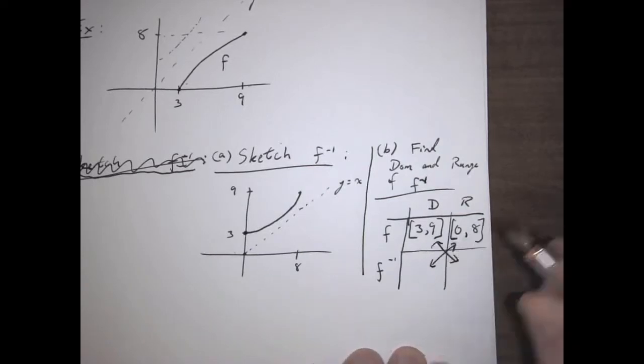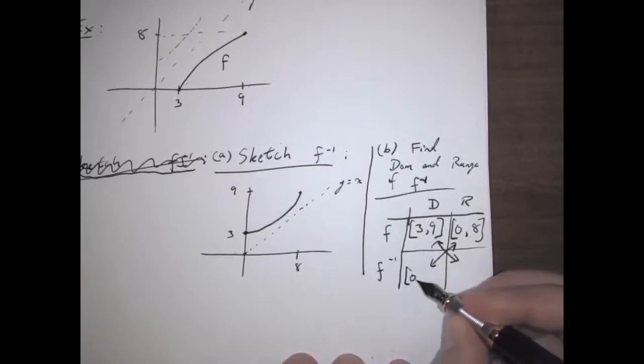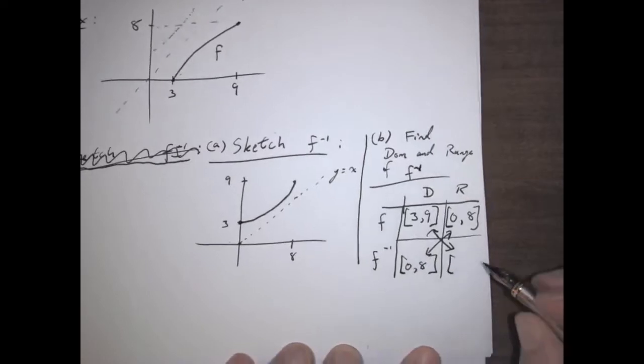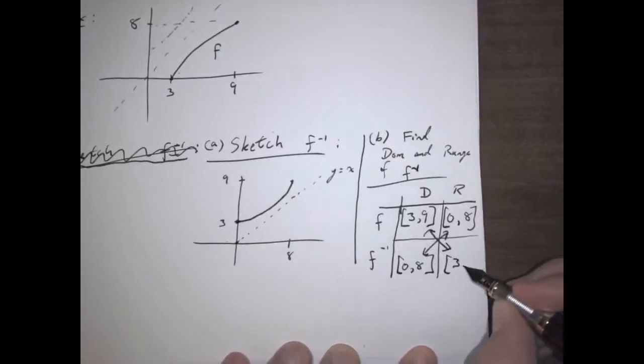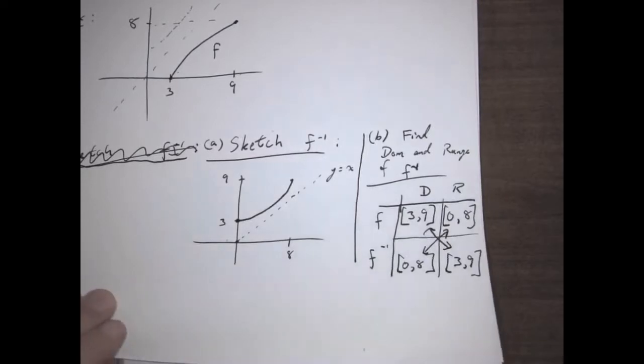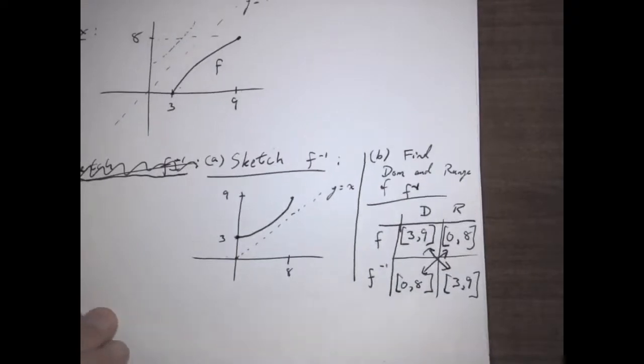So this now becomes 0 to 8, and this now becomes 3 to 9. Domain becomes range, range becomes domain, horizontal becomes vertical, vertical becomes horizontal, x becomes y, y becomes x. And that's how the graph goes.